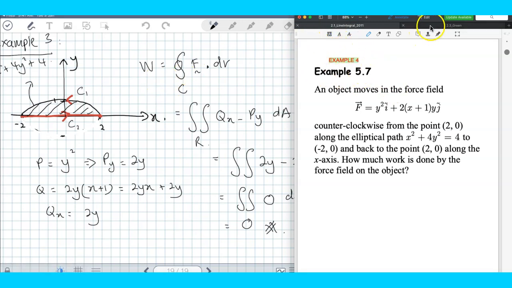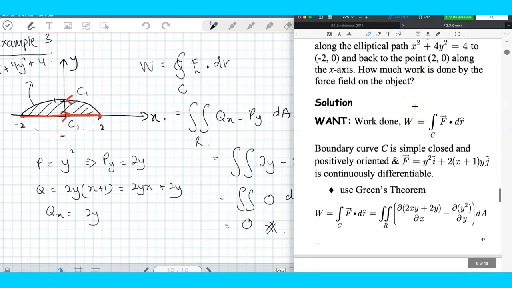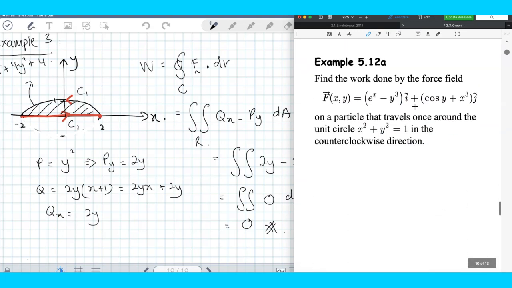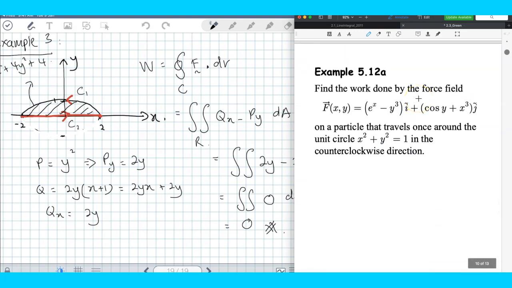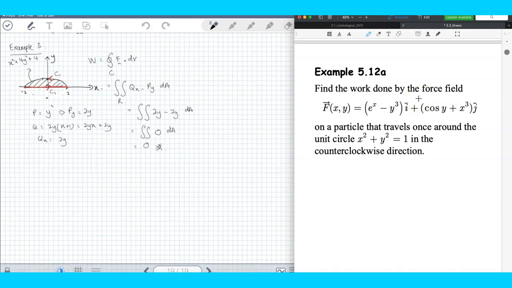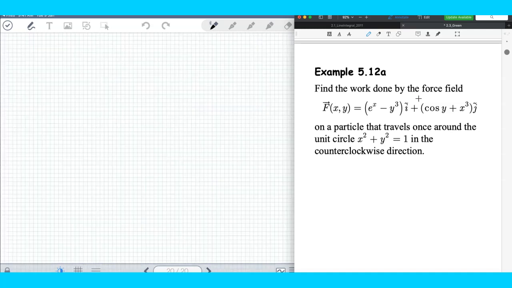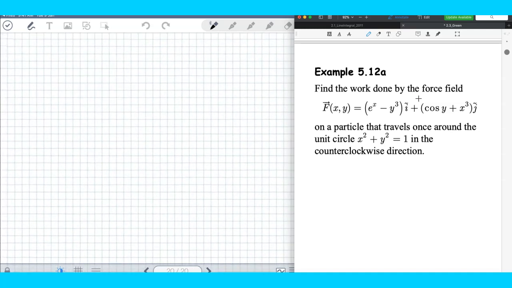Okay, so next example. Work done again. You are given a vector field, which is a force field.